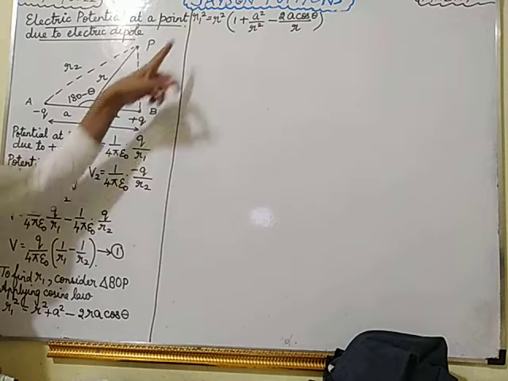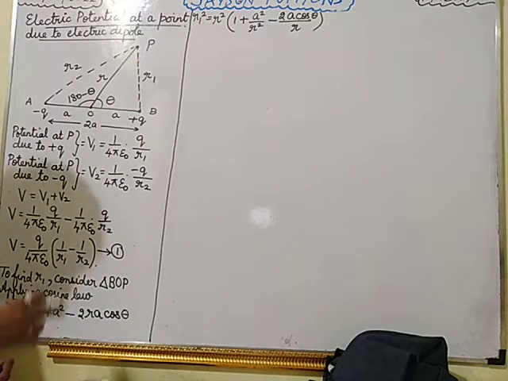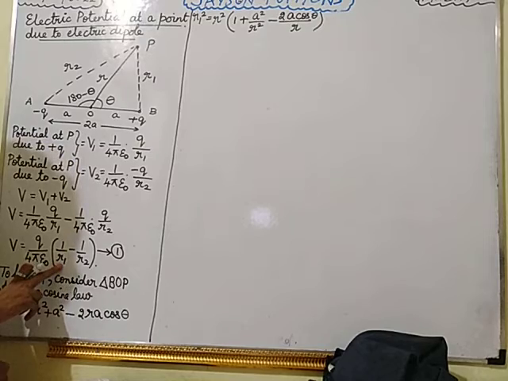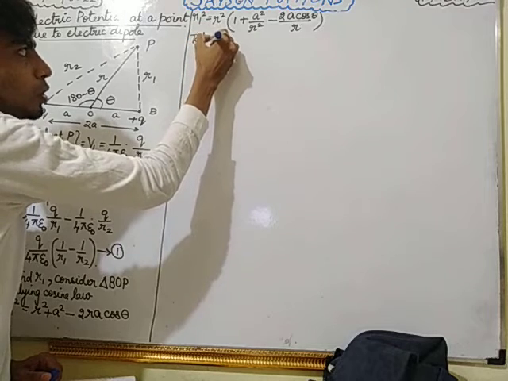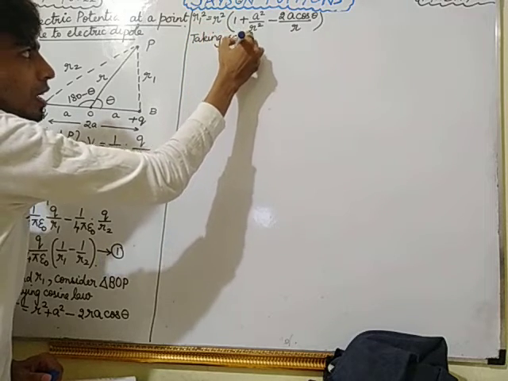Now what should I do? I should take the square root of this, because we want only R1. I don't want R1 square. I want R1. So what I am going to do? Taking square root on both the sides.